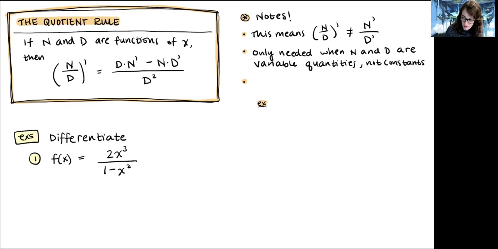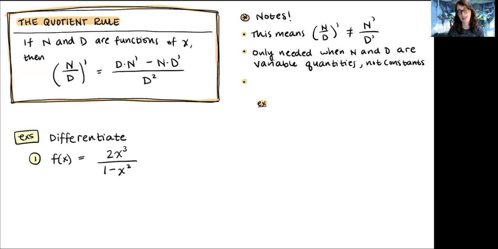If either the numerator or the denominator are just constants, then we can use an easier rule. So if the denominator is just a constant, we want to break that out and look at it as a constant multiple with a fraction.